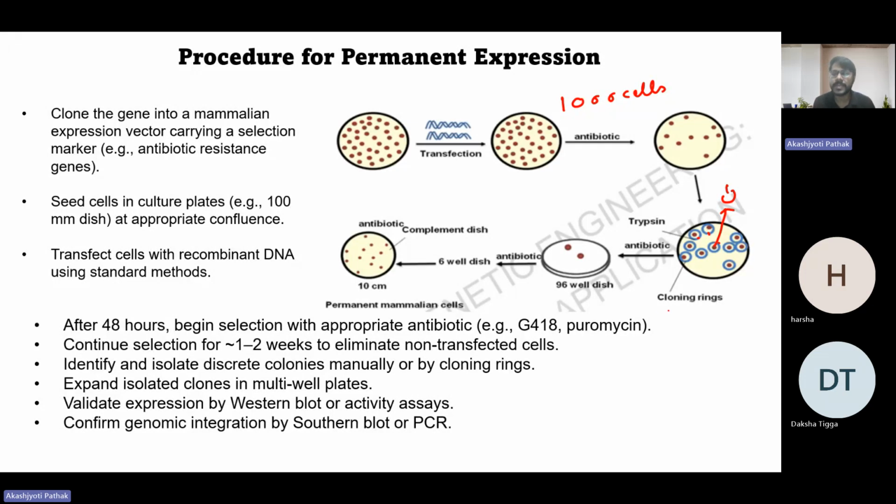Cloning rings are added so that you can separate out the mammalian cell by adding trypsin and EDTA.